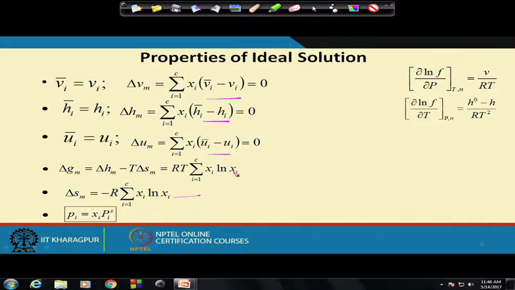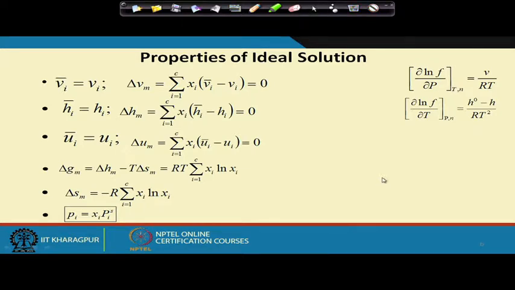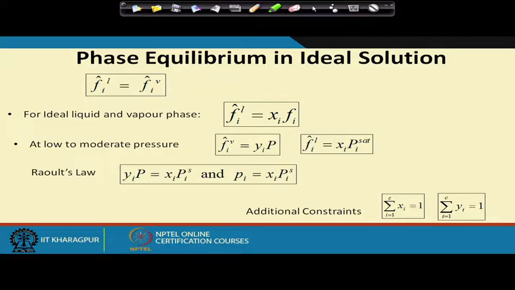Well, once we have understood an ideal solution and under what conditions ideal solutions are applicable, what is the next thing that we should do? Ultimately we are dealing with phase equilibrium thermodynamics. So, we should find out the phase equilibrium relationships for ideal solutions in the vapor and the liquid phase. What do I mean?